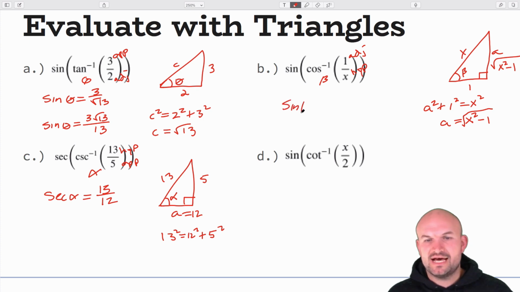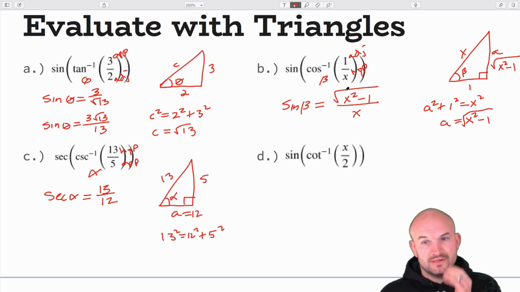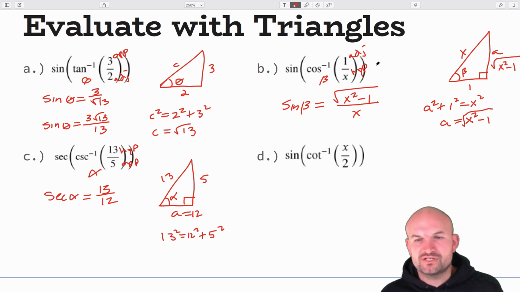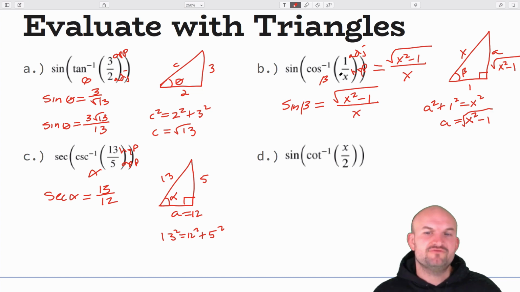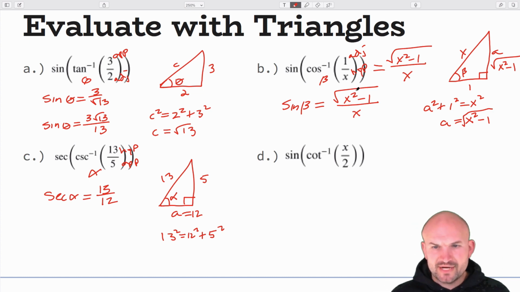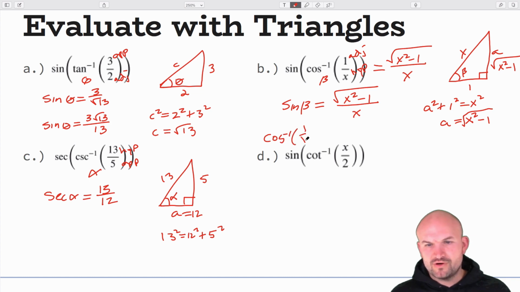So therefore, the sine of beta is going to equal the square root of x squared minus 1 all over x. Right, so I'm equaling to beta there. But again, you don't really need to. You could just write the answer up there as the square root of x squared minus 1 over x. If you are going to be introducing a new variable, make sure you have that defined. So for instance, we would actually really need to say 1 over x equals cosine of beta.